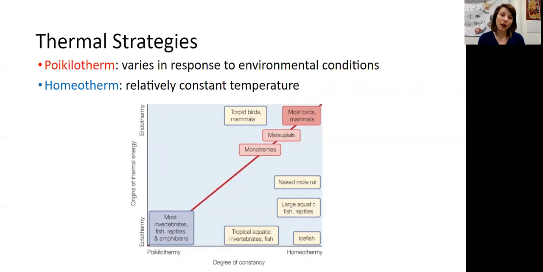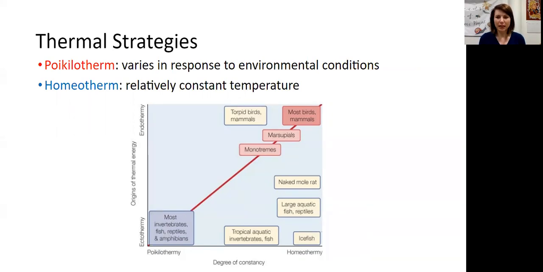And then on that y-axis, we're looking at origins of thermal energy. So you can be an ectotherm or you can be an endotherm, and these terms will be defined on slides coming up. An ectotherm is going to rely on the environment in order to regulate its body temperature. An endotherm is going to rely on metabolism in order to regulate their temperature.